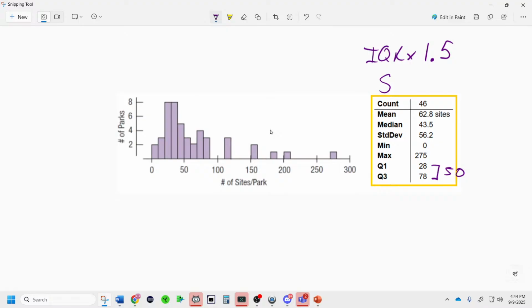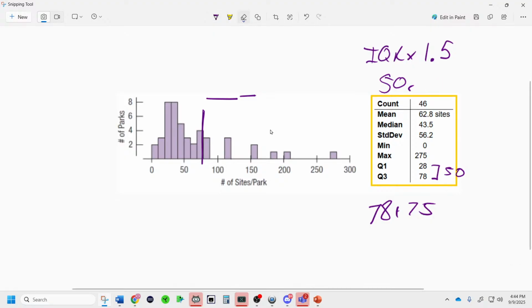So you take 50 times 1.5, and you get 75. Oh my gosh, I think I miswrote because I was doing the math already. Is this making sense, Charlie, right here? You take 50, which is the IQR, I wrote it down there, and you times it by 1.5, and you get 75.